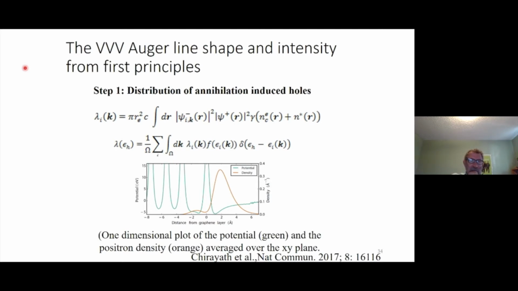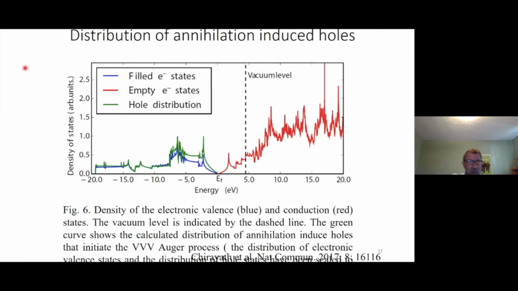It involved a lot of integration and convolution over densities of states, and it was developed by Charayeth and our theoretical colleague in Belgium, who did a lot of the calculations, but we worked with the theorists to develop this theory.